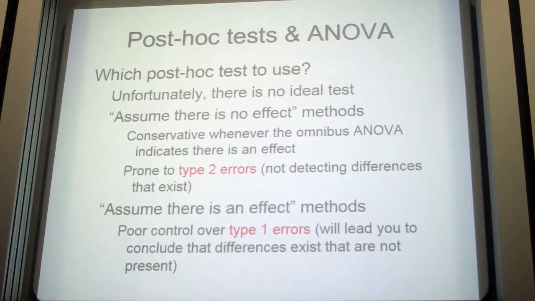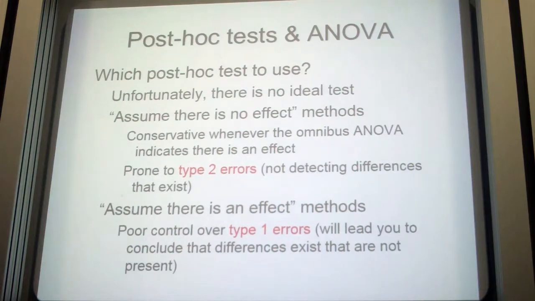Do you use the studentized range methods, or do you use the adjust alpha methods? Again, depends on the relative importance that you attach to saying differences exist when they don't, or missing differences that do exist. Type 1 versus type 2, you've got to decide on the balance yourself.